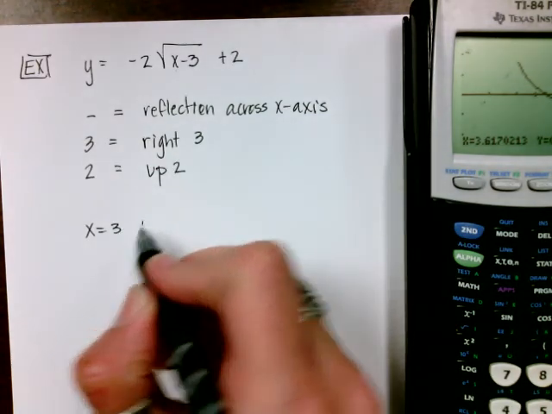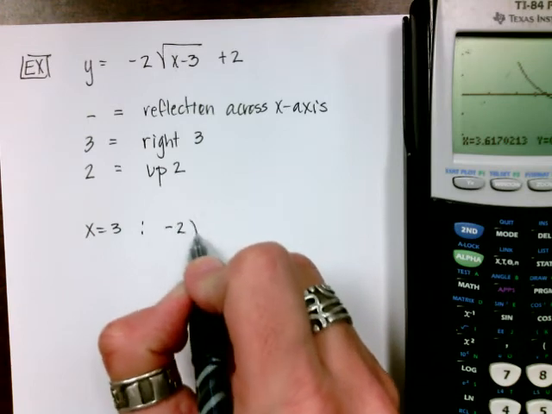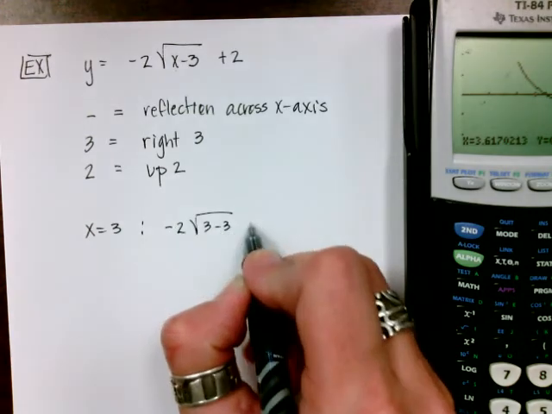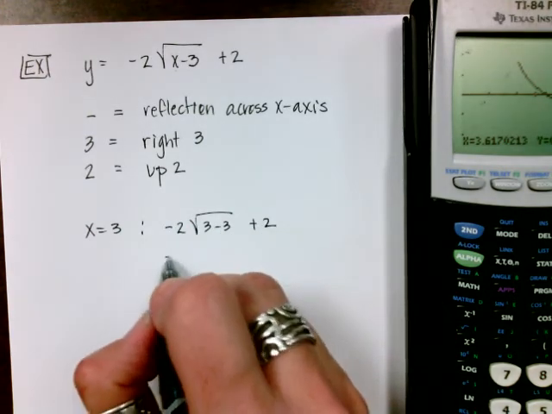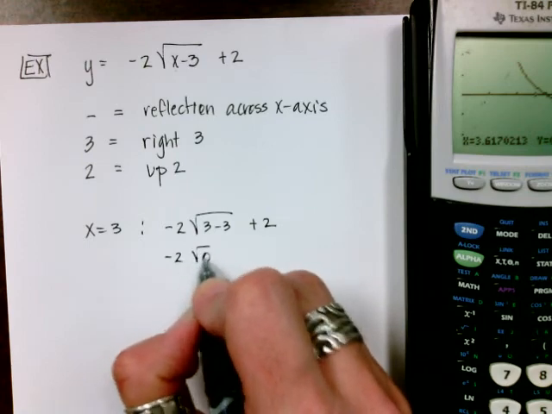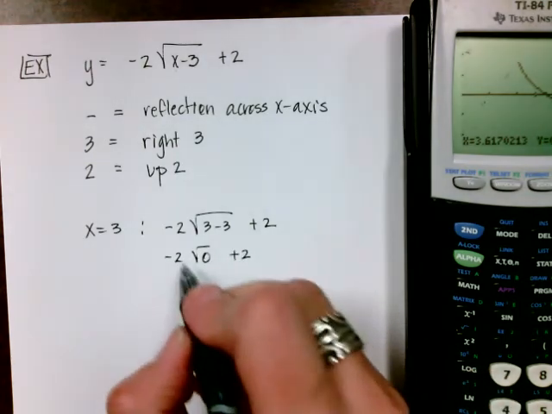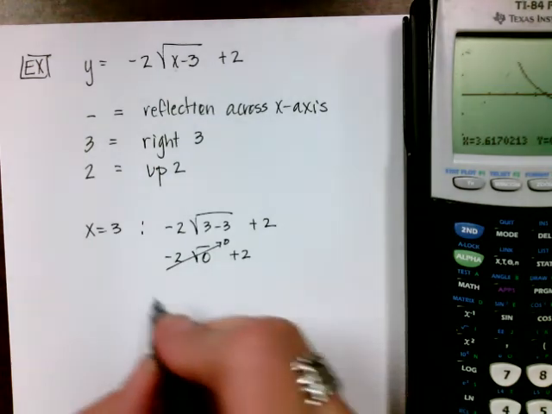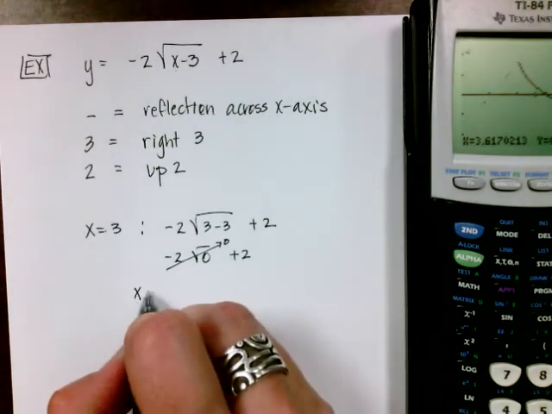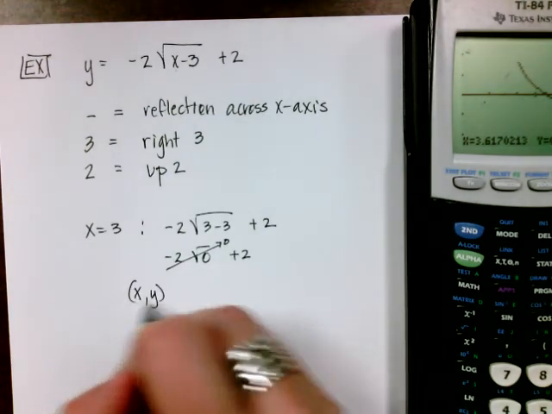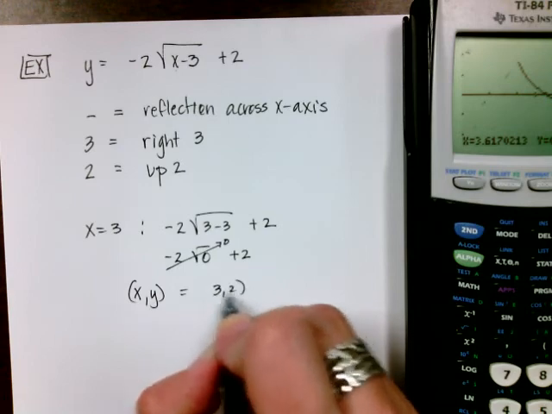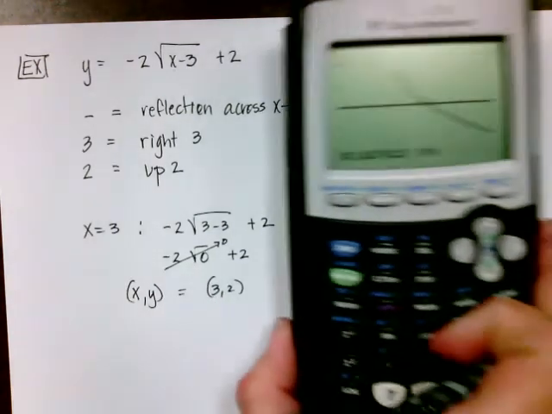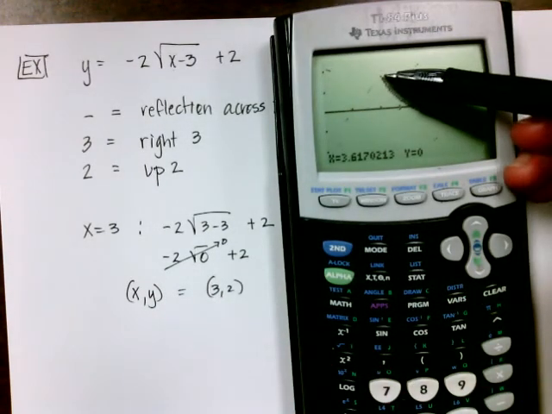When I substitute that into the equation, I get -2 times the square root of 3 minus 3, plus 2. So I get -2 times the square root of 0 plus 2. Well, this is 0, so my coordinates are going to be 3, 2. And that's going to be the coordinates of this point right here.